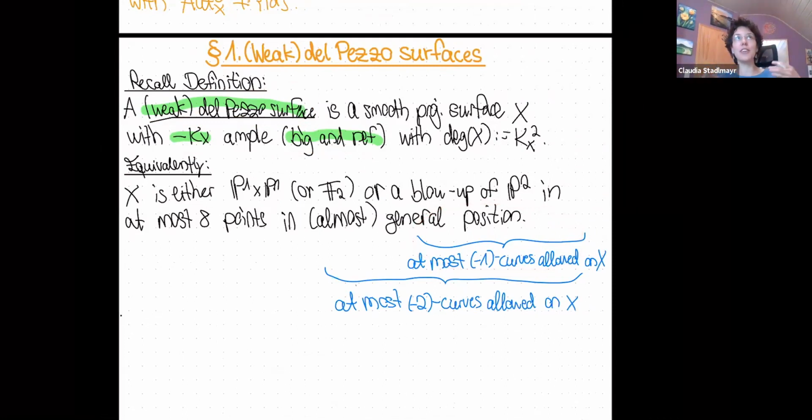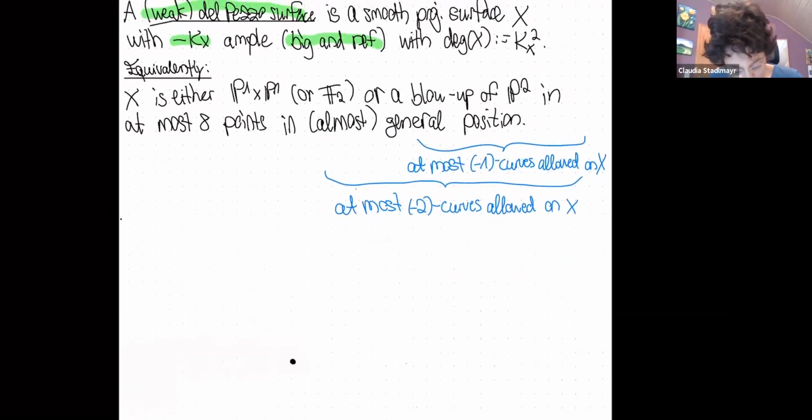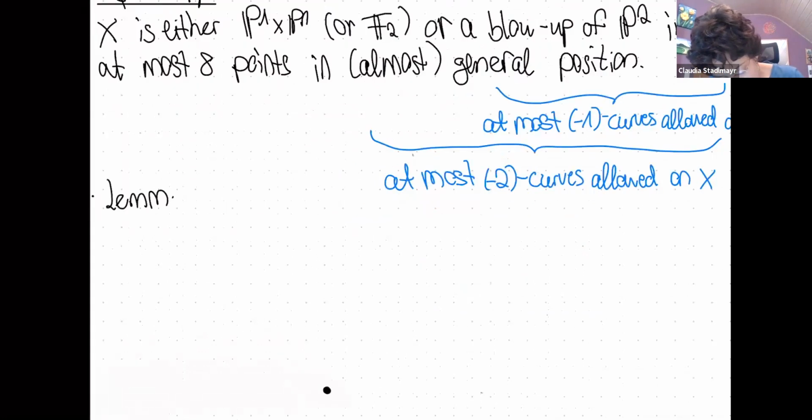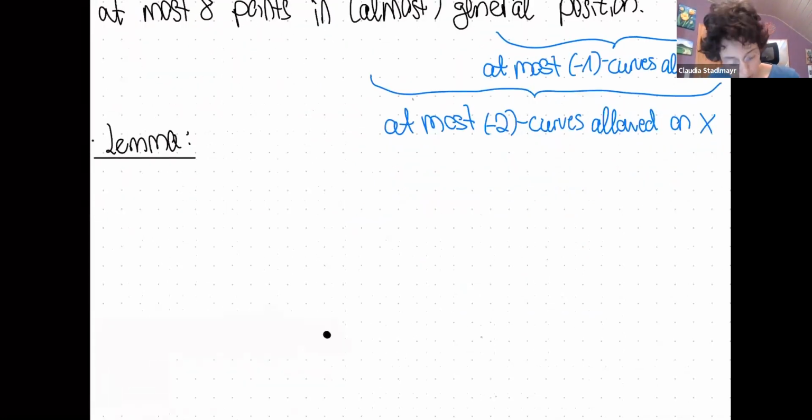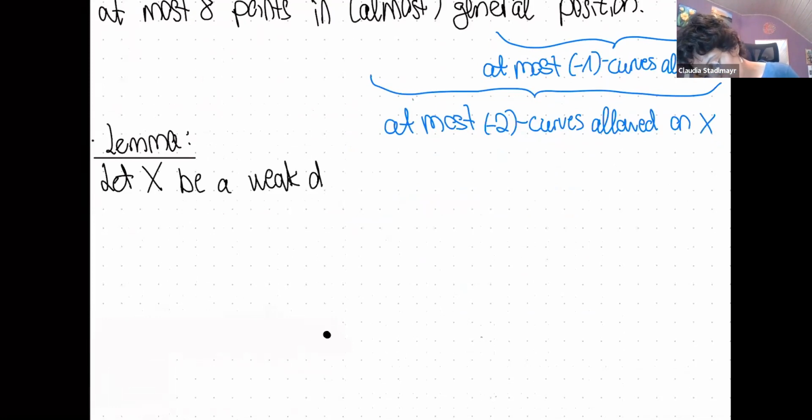Now I want to give you another reason why question 2 is interesting for weak del Pezzo surfaces, namely that for these surfaces, an answer to question 2 already yields a partial answer to question 1. More precisely, this is the content of the following lemma. Lemma: let X be a weak del Pezzo surface.